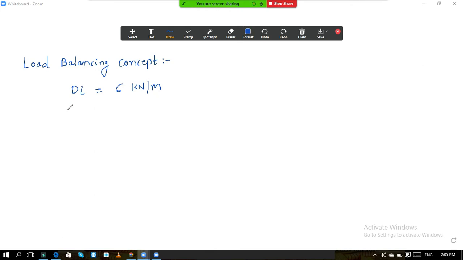Still I will write here MD, the moment due to dead load. What was the moment? It is 48 kilonewton meter. And the dead load stress MD by Z was plus minus 2 megapascal. Please check the values.